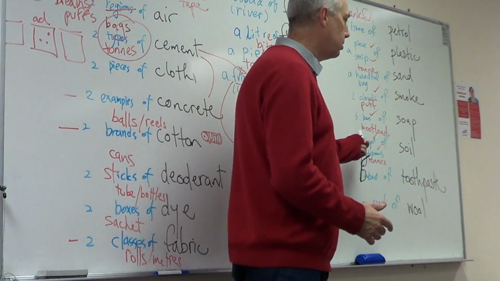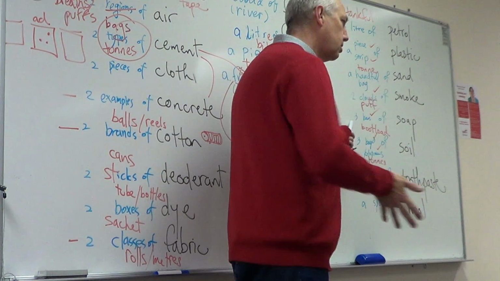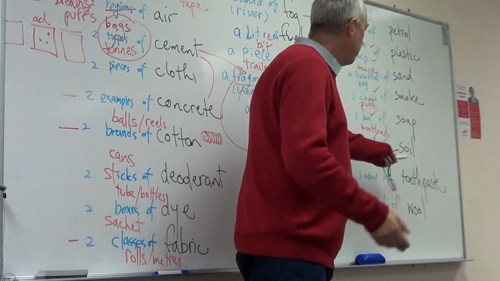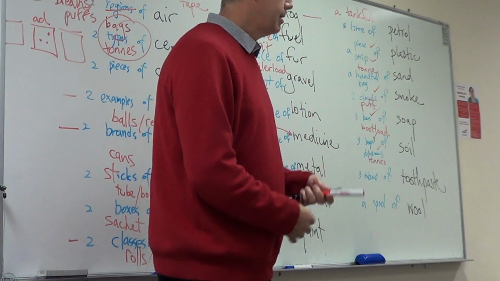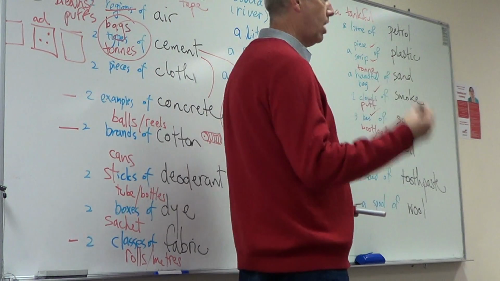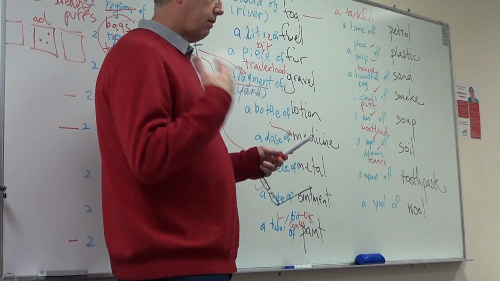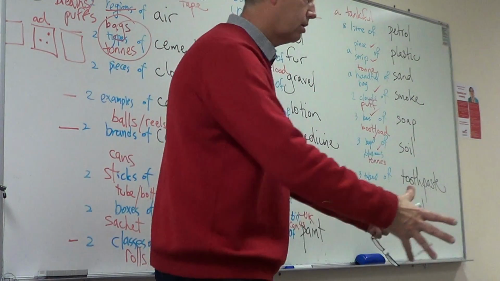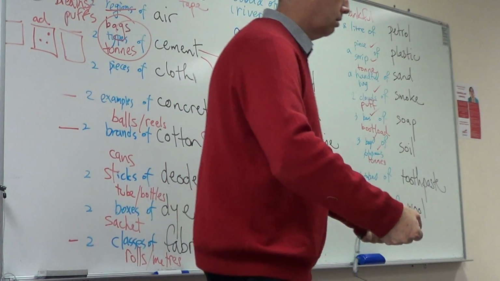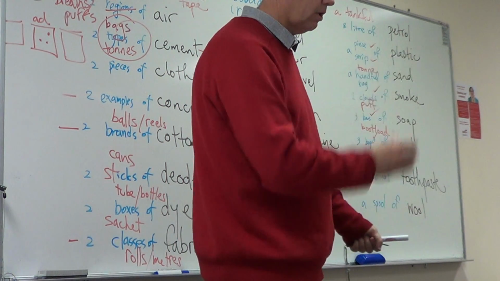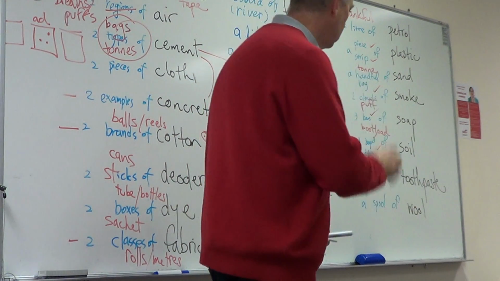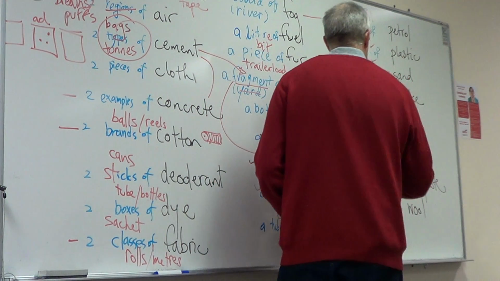Yeah, but that's a boot, the boot of the car, where you put your suitcases and so on. So a bootload of soil. Americans, trunk. But a trunk for us is a box with handles, you know. That's a trunk. Or an elephant's nose, that's a trunk. But for them, they say trunk.